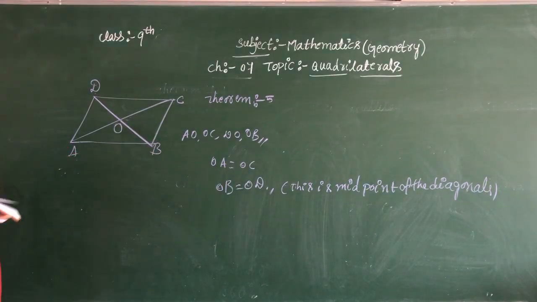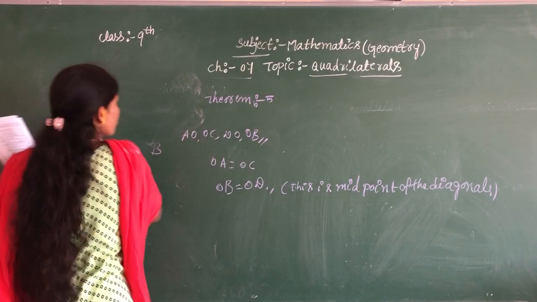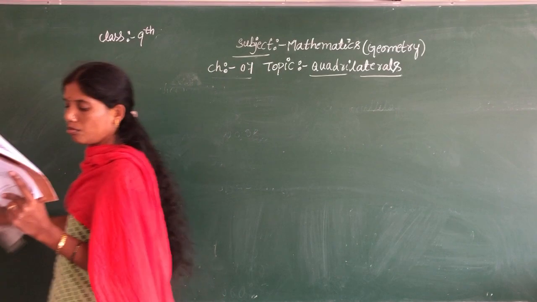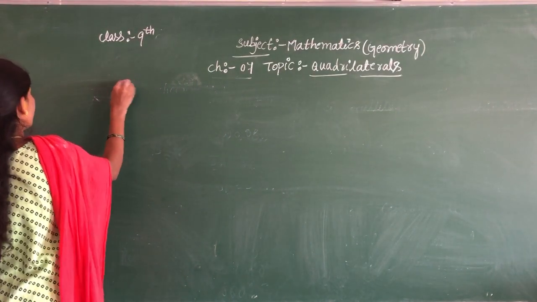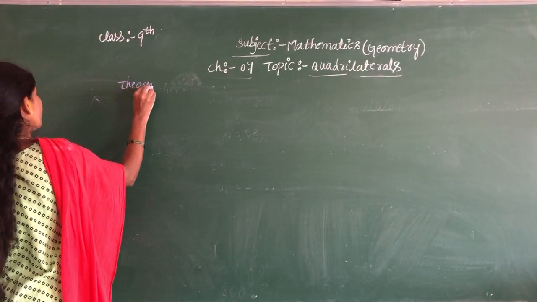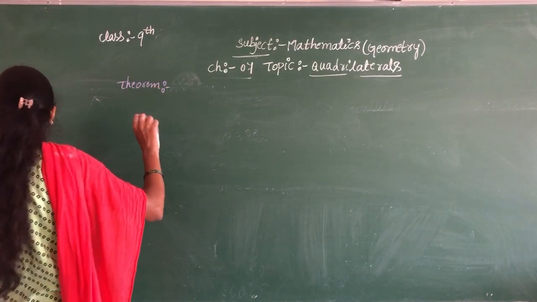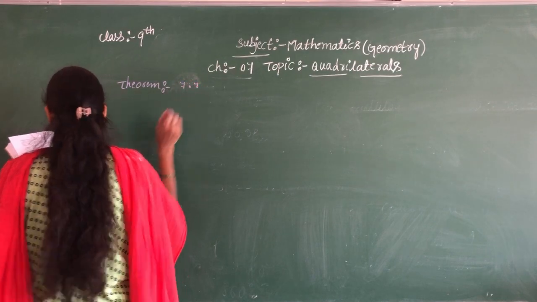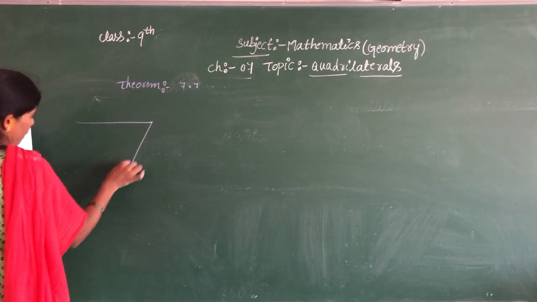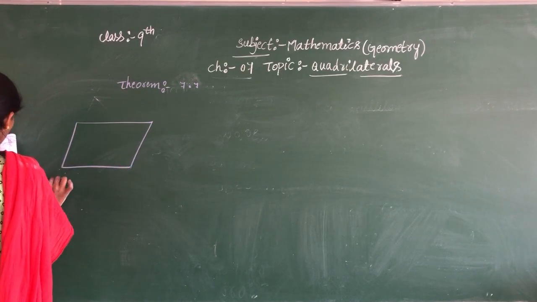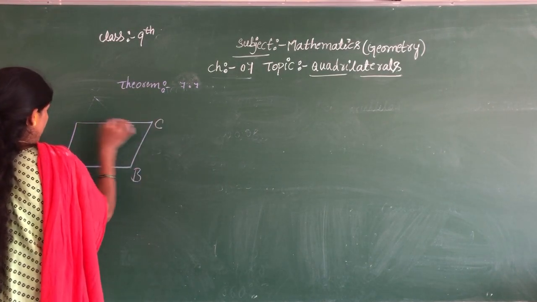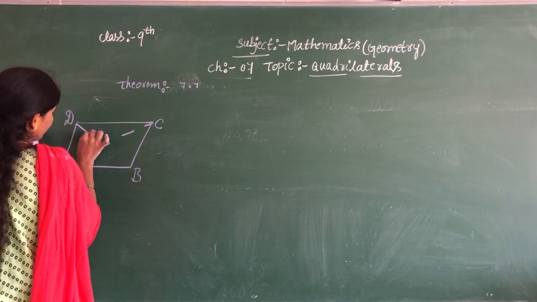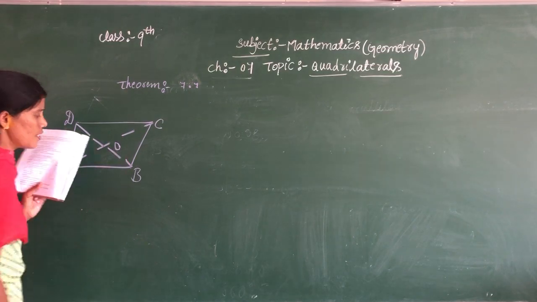So the last one, theorem 7.7. ABCD is a parallelogram.